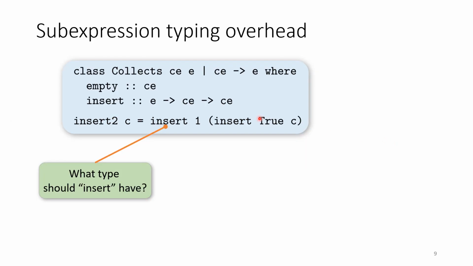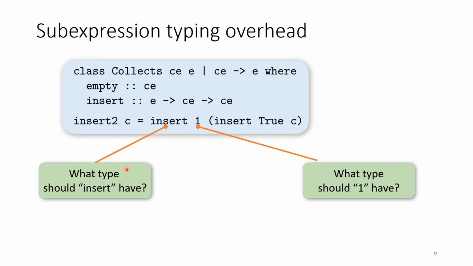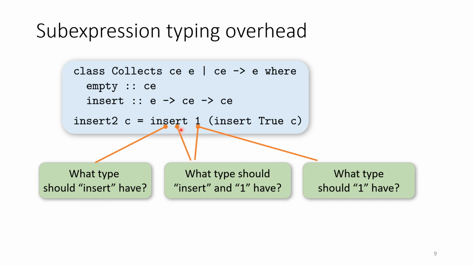So essentially we can go through each leaf to find out if that leaf is an error cause, and also find out what type it should have to remove the type error. For example, to find out whether insert causes a type error, we solve one type inference problem. Then we have another type inference problem to find out if both insert and one cause the type error.